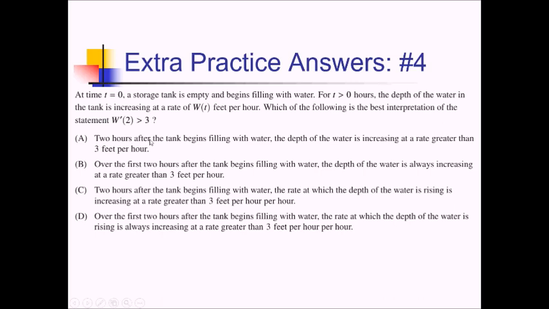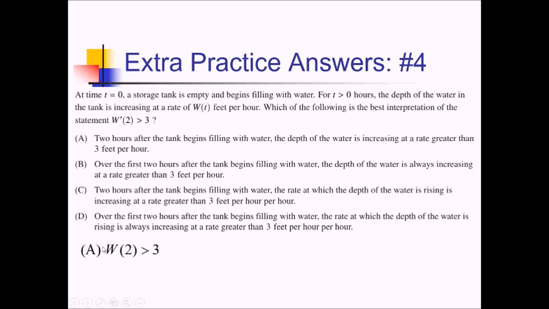All right, so taking a look at these different choices here, choice A: 2 hours after the tank begins filling with water, the depth of the water is increasing at a rate greater than 3 feet per hour. All right, so this would be saying, since W of t is the rate at which the water is increasing, if the depth of the water is increasing at a rate greater than 3 feet per hour, this is W of 2 greater than 3.